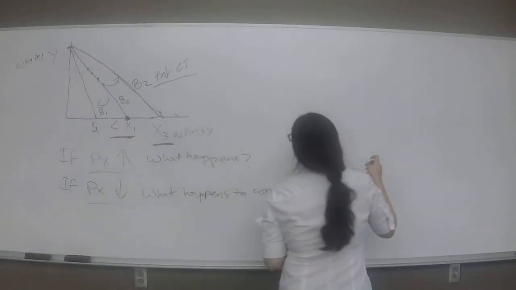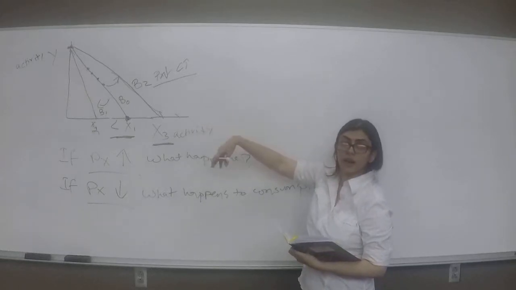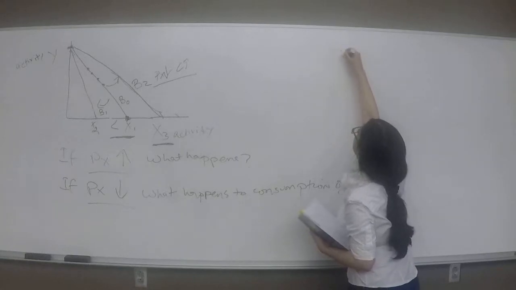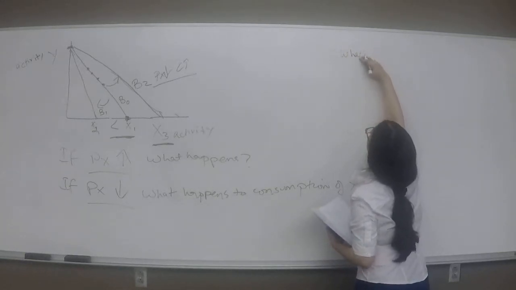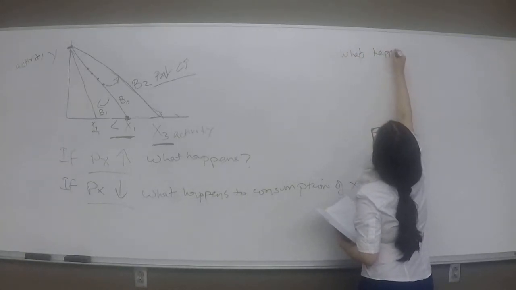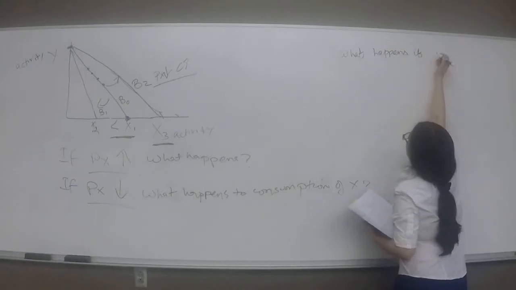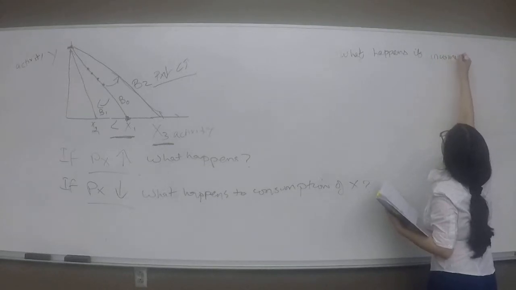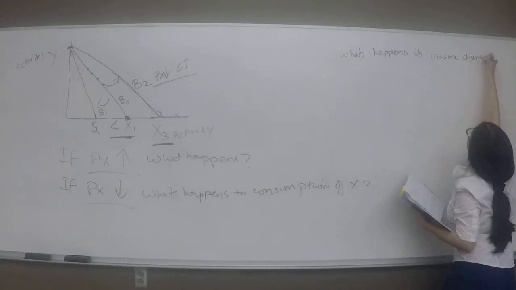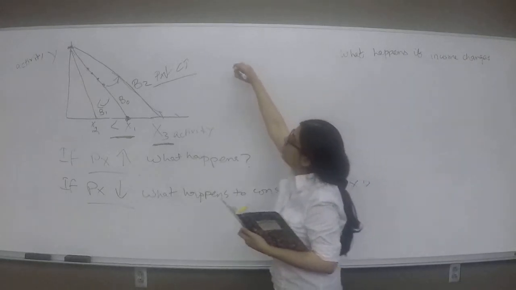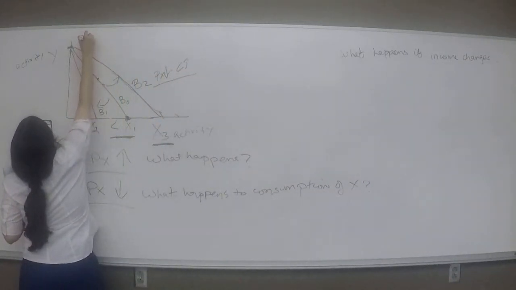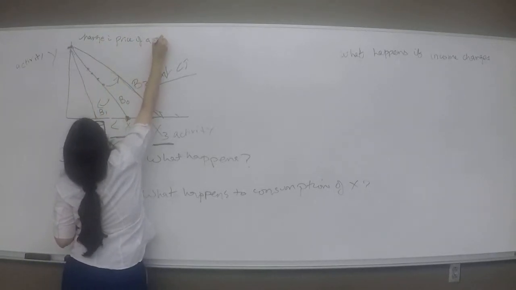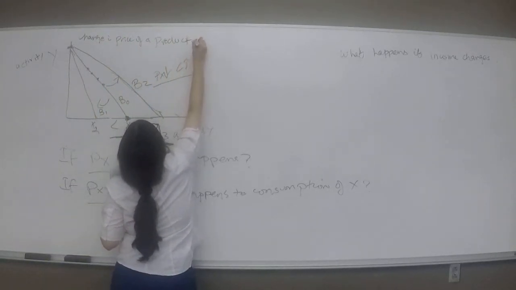What happens if your income, so this is price of a product, right? A change in price of an activity. What happens if income changes? So this was a change in price of a product or activity.